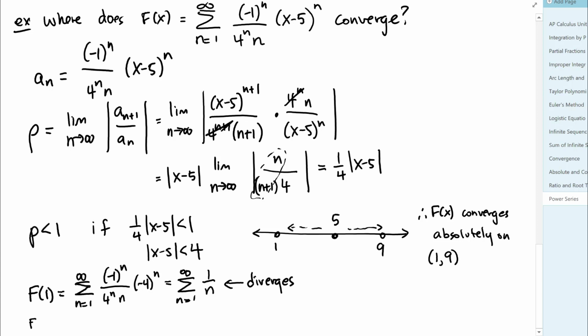And when I check the other endpoint, I get the sum from n equals 1 to infinity of (negative 1) to the n over 4 to the n times n, times 4 to the n. This is similar, but now I get (negative 1) to the n over n, and this converges.